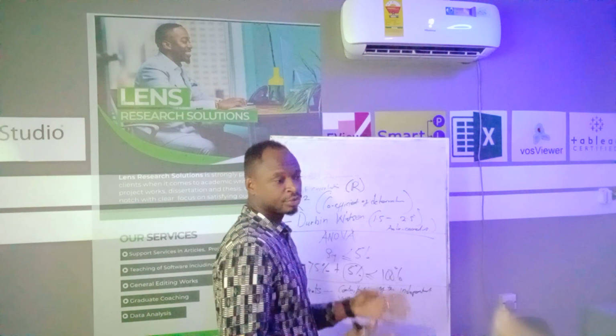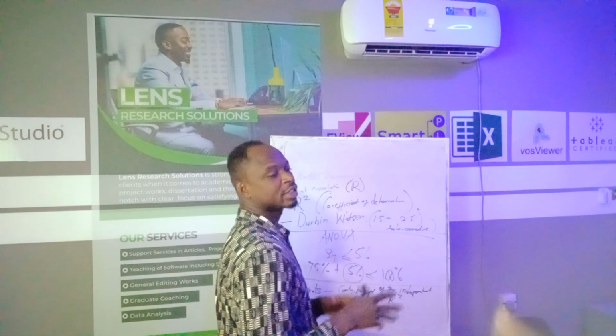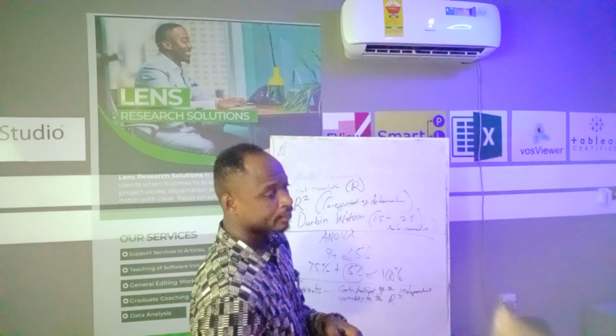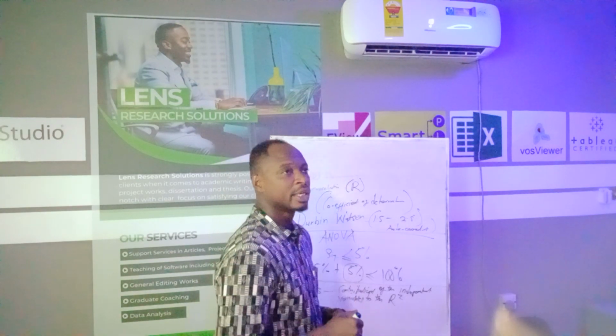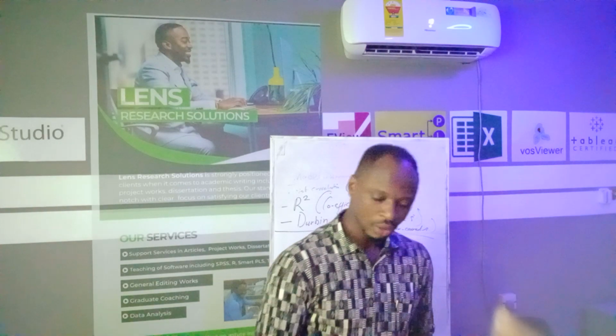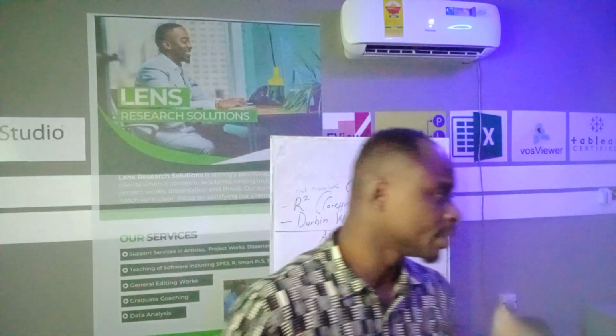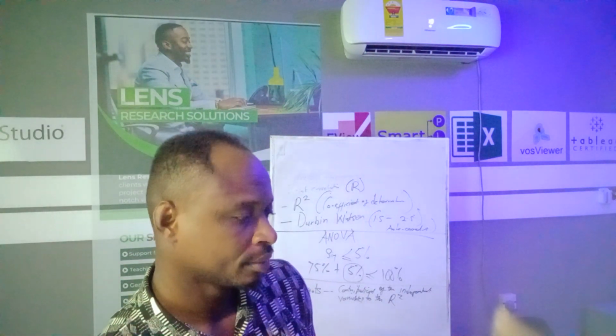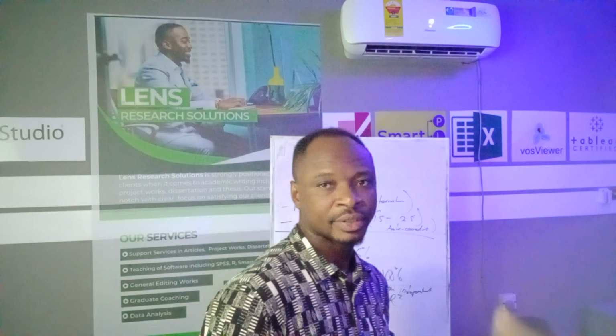Now, the contribution comes in two forms, either in the form of standardized beta or unstandardized beta. We use the unstandardized beta to estimate the regression function.